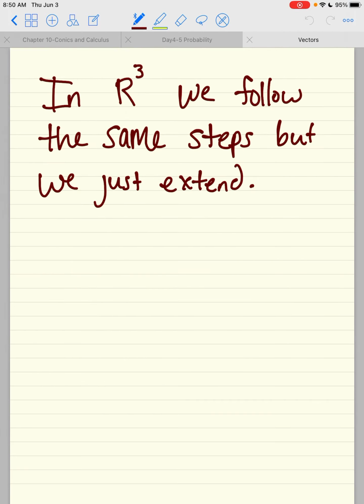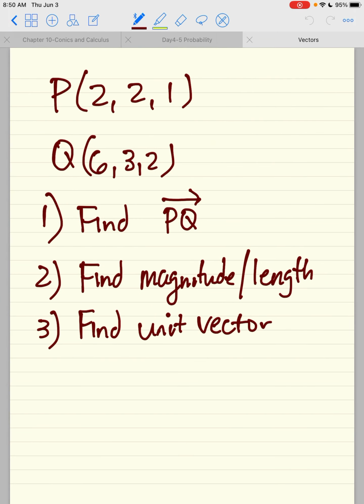If we are in R3 or in 3D, right, 3 dimensions, we will follow the same exact steps, but we'll just extend it. So let's try this one problem here. I have this point P and Q. We have x, y, and now z. Let's first find the vector PQ.